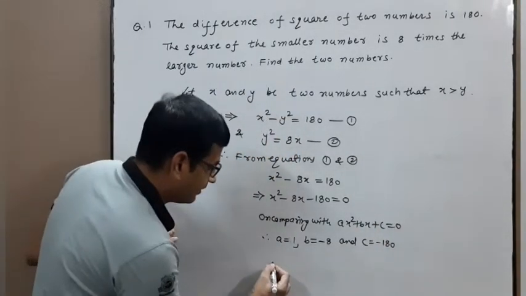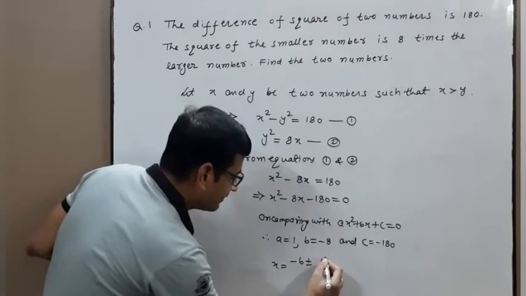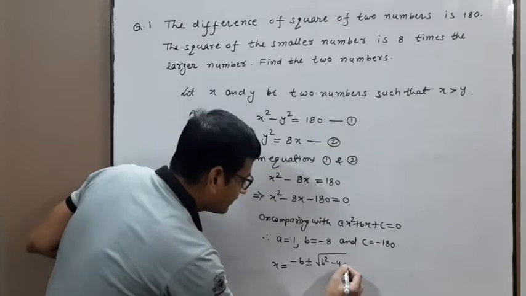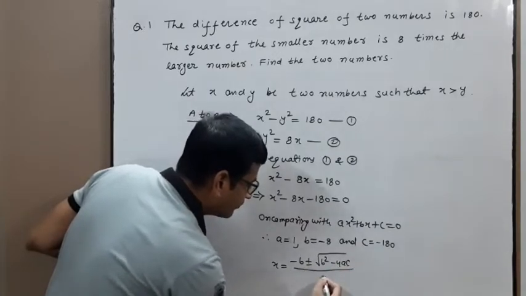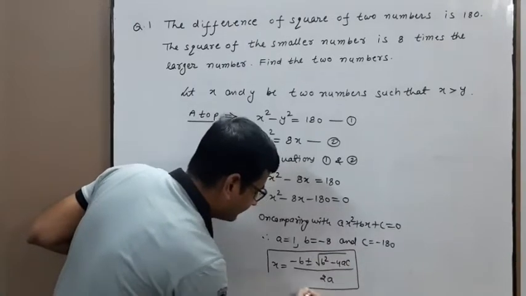Now apply the formula. The formula is x equals minus b plus minus root of b square minus 4ac upon 2a. Now substitute the values of a, b and c.